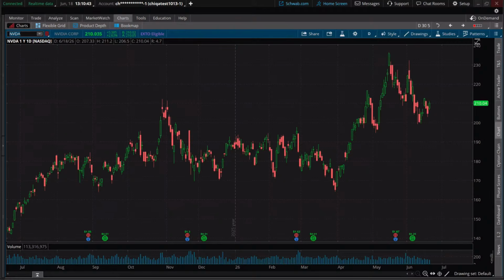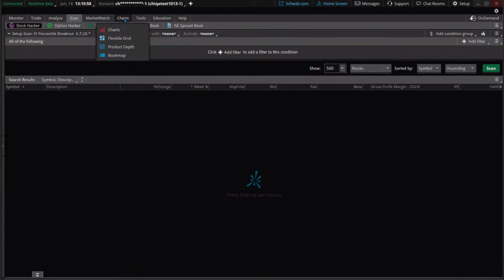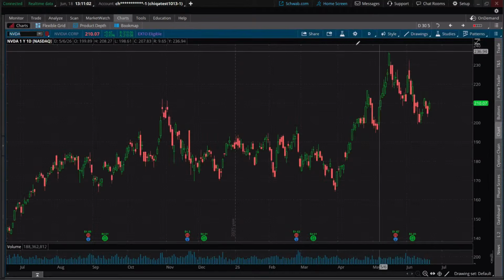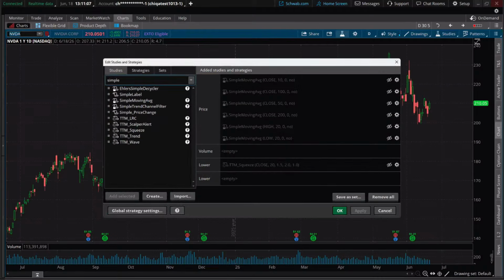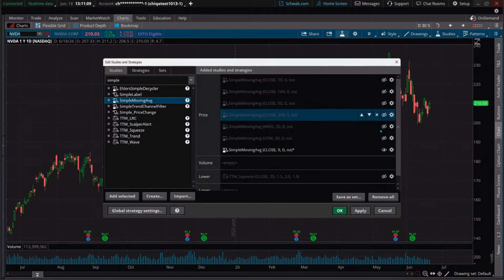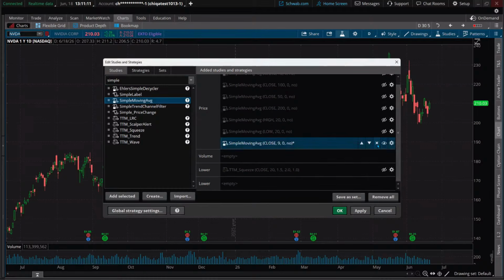So, big picture, what could we identify here if we were actually looking to pick up on something like an NVIDIA, just a broad range through a scan mechanism using the stock hacker, taking advantage of these great capabilities of the platform? Well, one thing is just big picture. I'm going to line these up for us a little bit. So if we just did a simple moving average, one that's common, we've looked at the 20, we've looked at the 50.